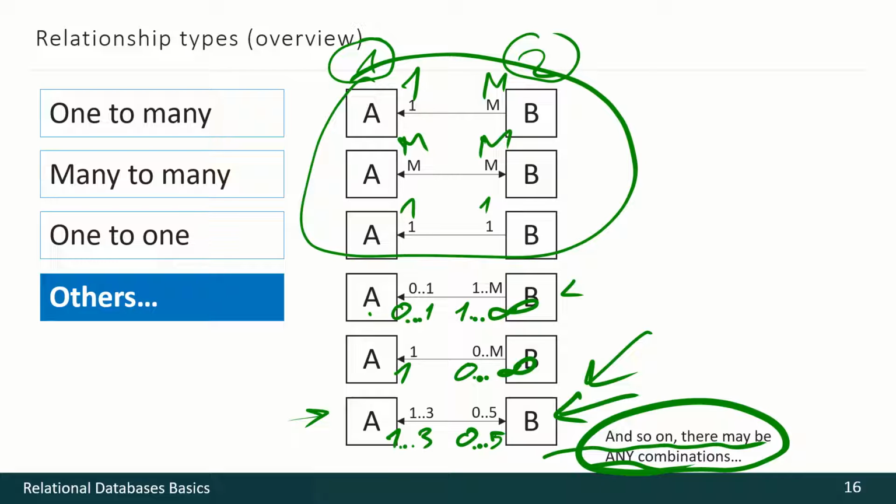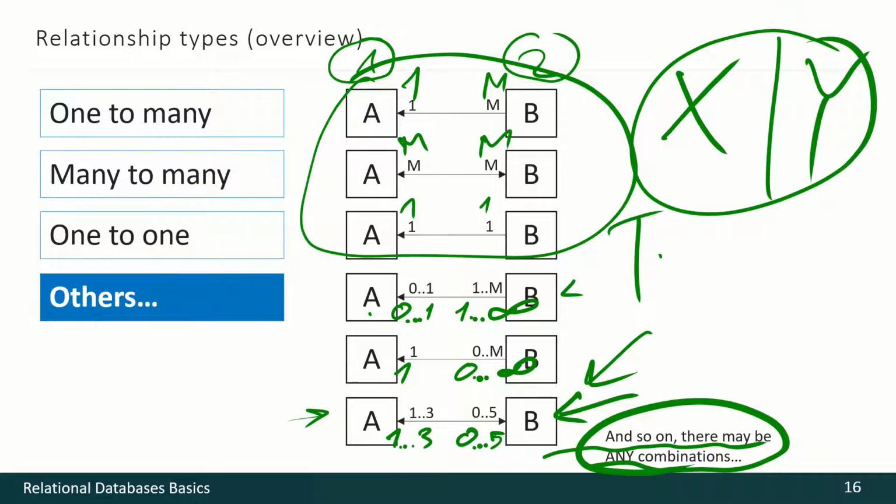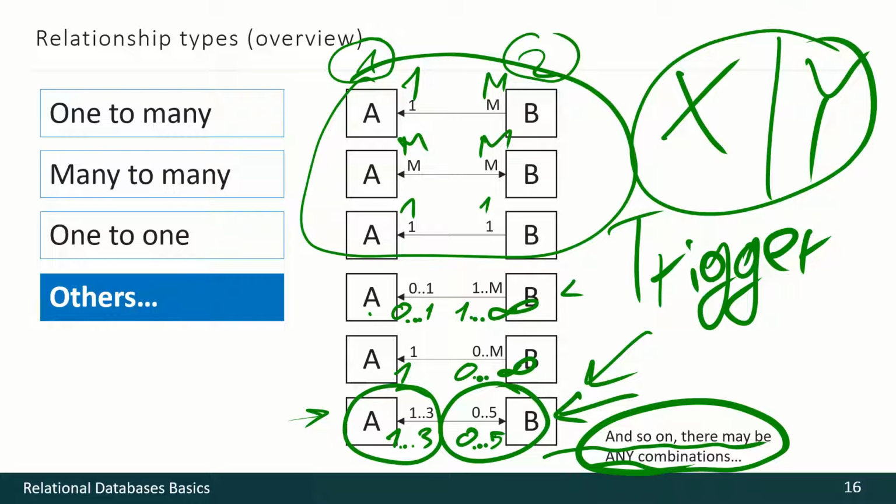So there may be some x on one side, some y on the other side, and we may use such special things as triggers in DBMS to control that cardinality on any side of a relationship.